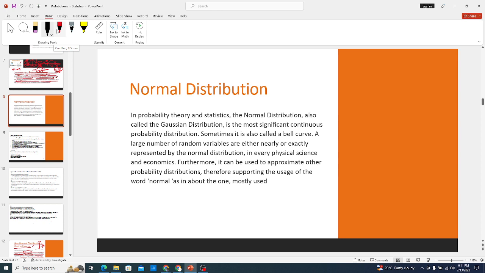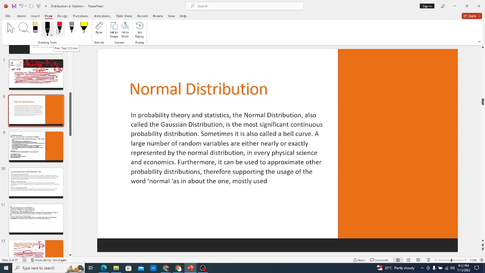Even in this class, if I give you a test, definitely it will follow a normal distribution. We will have few scoring high, most of the students scoring averagely, and then a few students scoring low.